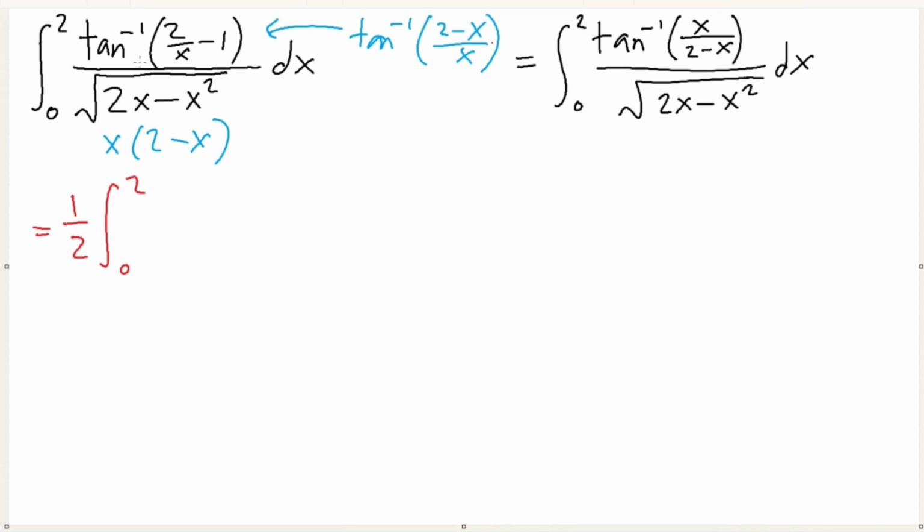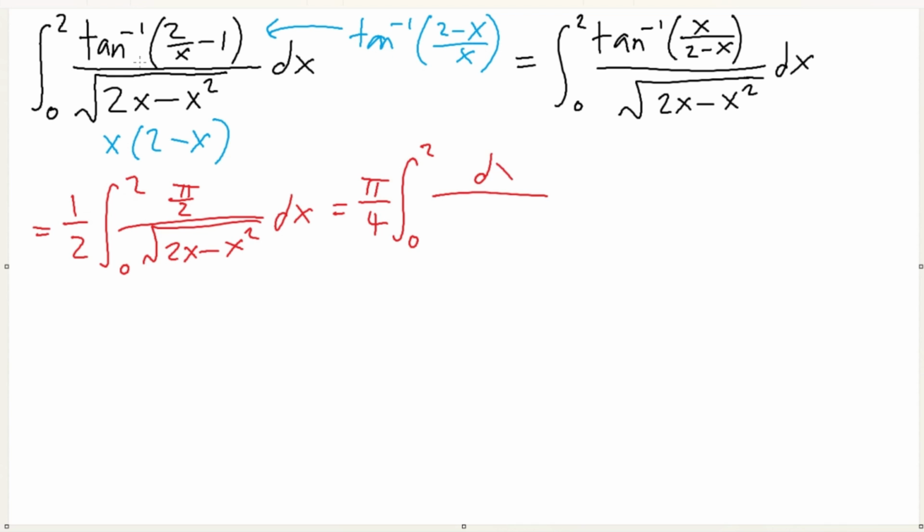We know our trig identity: if we add this plus this, we're at the positive bound, so this is going to equal pi over 2 when we add them together. And the denominator stays the same. Okay, so this is pi over 4, from 0 to 2.